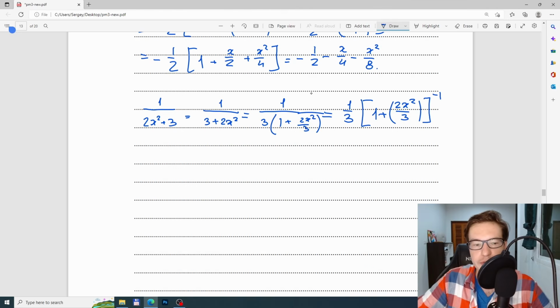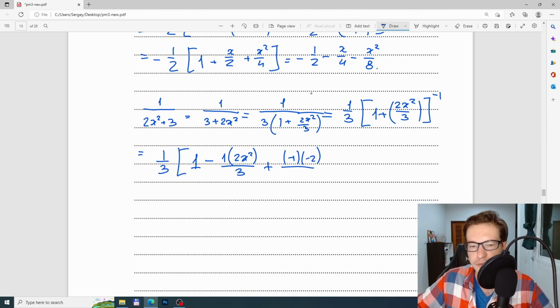And now we're ready to use the formula, which will give us a third times 1 minus 1 times 2x squared over 3 plus n minus 1 over 2 times 4x to the power 4 divided by 9. And actually there is no need for this term because we're only looking for the expansion up to and including x to the power 4, so there's no need for that.